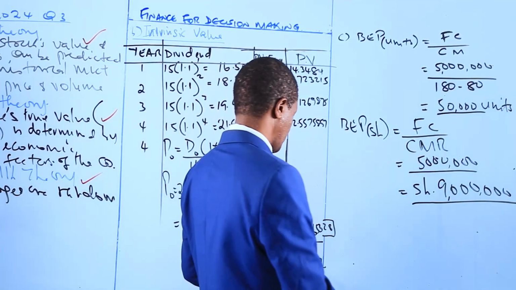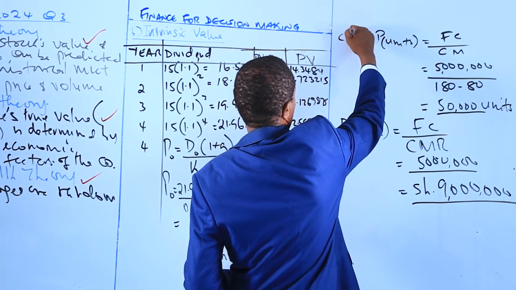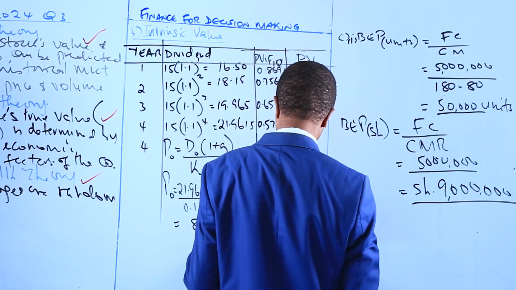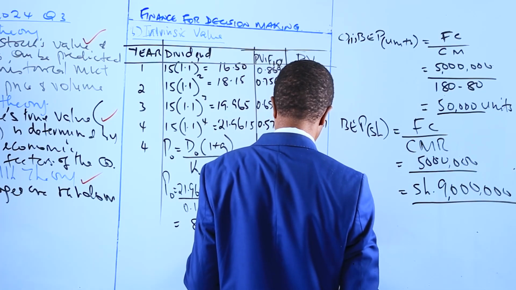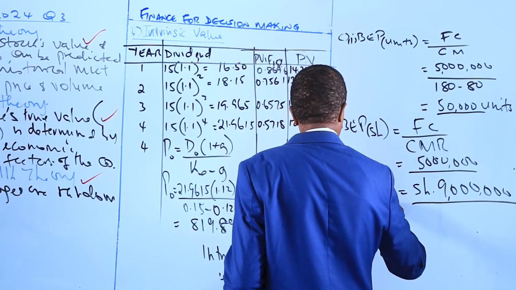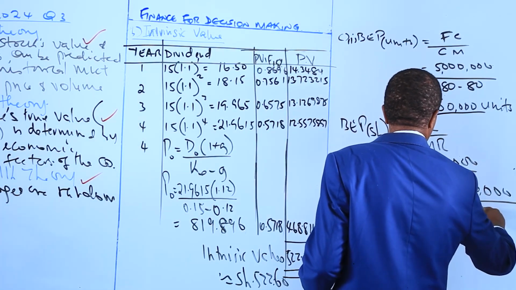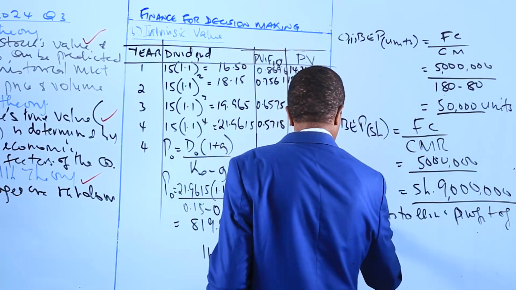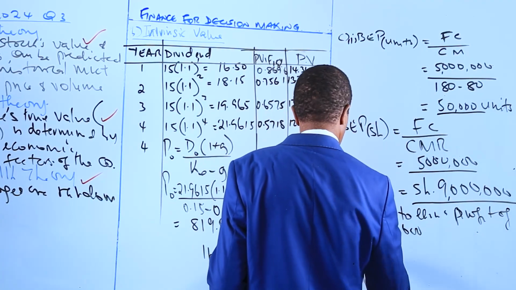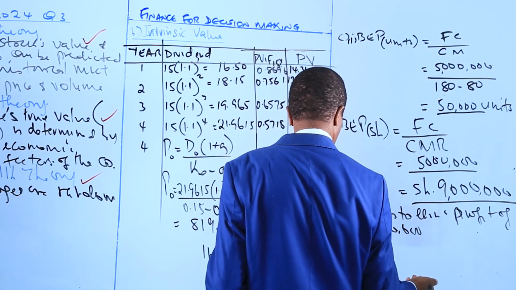Then the second part of the question reads, look at the question. This is Roman 2, we are to calculate the number of units to be produced to earn a profit of 1.2 million. You remember the formula we gave in our class.